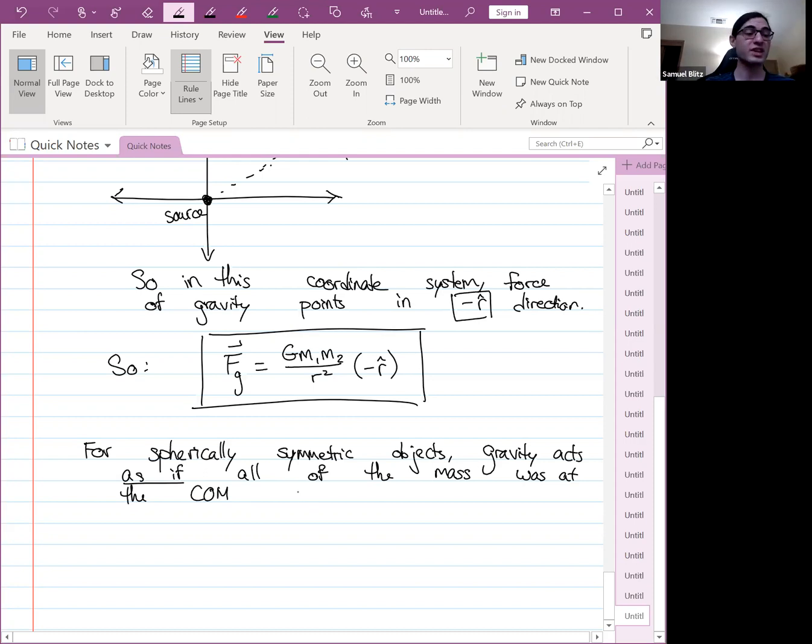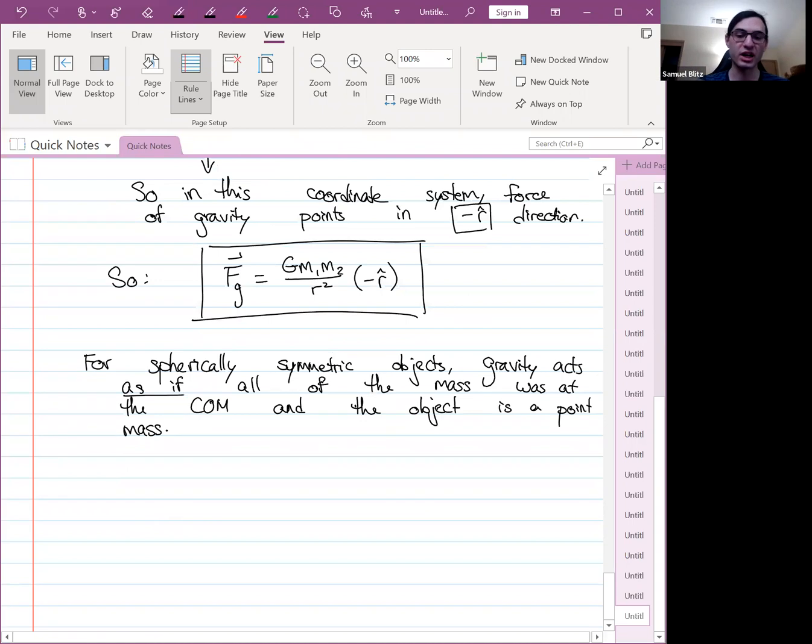The object is treated as if it were a point mass. Planets, for example, would be a good example of spherically symmetric objects. Rather than imagining a whole big thing, you just treat it as if all of its mass were concentrated down to a single point at the center. It's symmetric as in density, right? If the density is lumpy, the shape doesn't matter. It's just where the mass is, right?